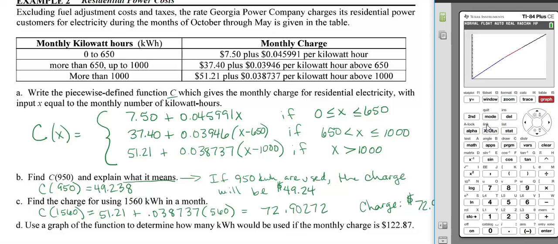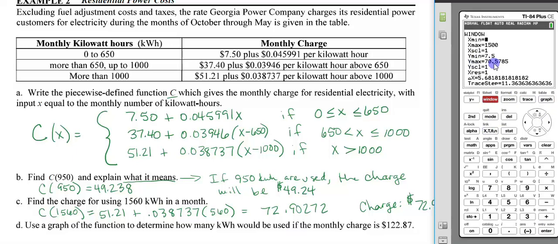Graph, you don't even see it. So if we go to the window, you could see the Y max is 70. Not good. So it's not even going to get up to that charge of 122.87 with the window we have.